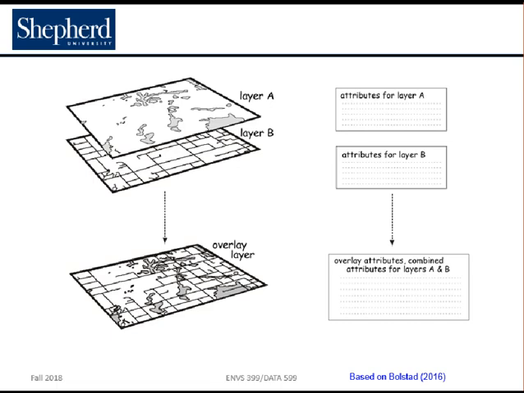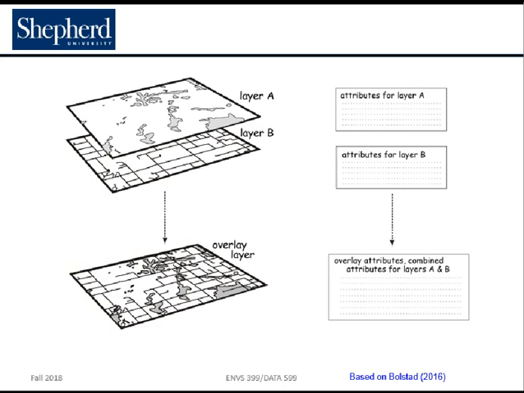In this slide, we go over overlays. An overlay is the vertical combination of two or more spatial data layers. Overlay operations are powerful spatial analysis tools and were an important driving force behind the development of GIS technologies.